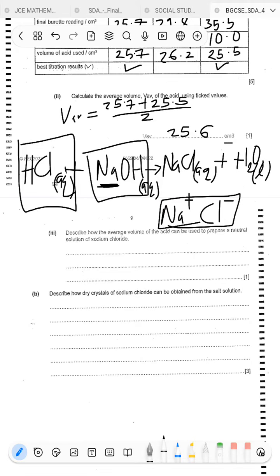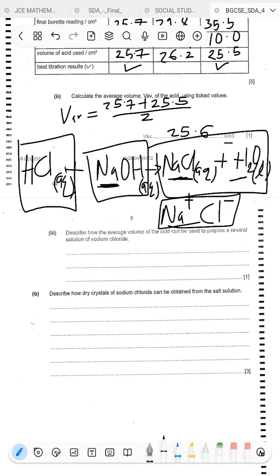So at endpoint, the solution that you're getting is perfectly neutral. It's neither acidic nor basic. So that implies that we are only left with our salt and the water.